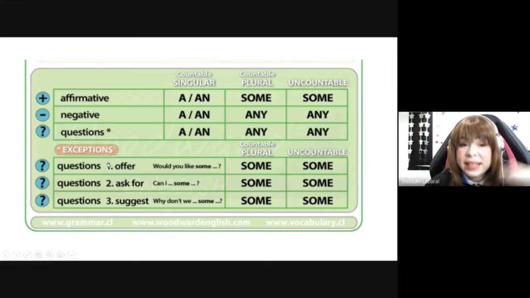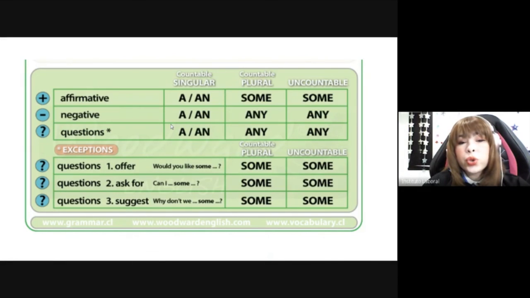There are some exceptions. I told you, there are some words that don't follow the rules. Here we have a question with the word offer, that's a verb. Would you like some? Then you add a noun. Would you like some coffee?